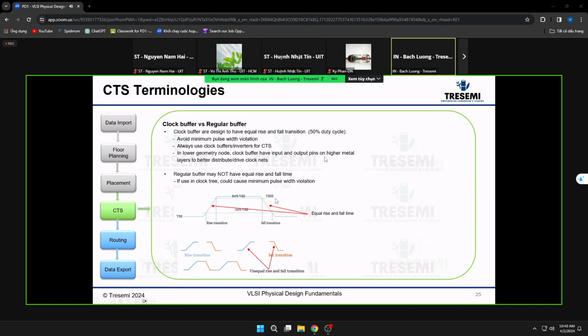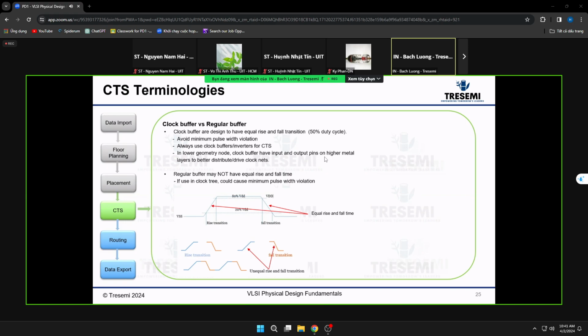You get distortion: if the duty cycle is like 60-40, most likely the 40 is going to have pulse violations. So in the CTS spec, you specify which buffers and inverters you want to use. In the library and technology, there will be regular buffers and clock buffers, and clock buffers usually have a name like CLK buffer and CLK inverter.